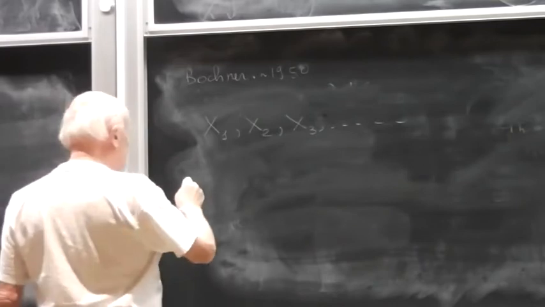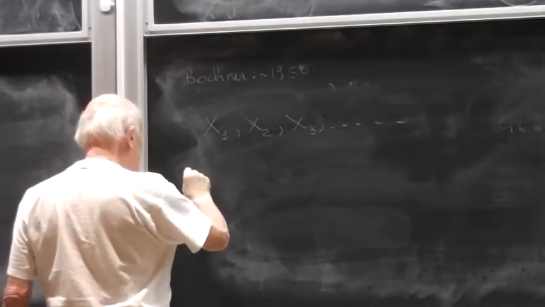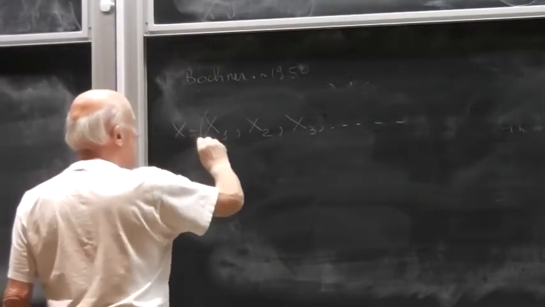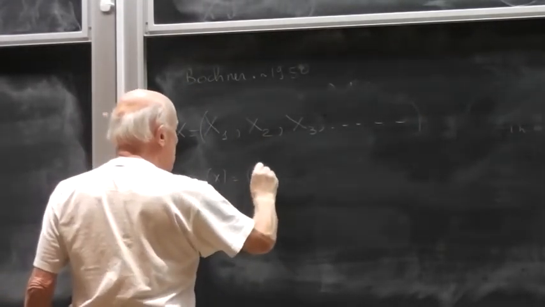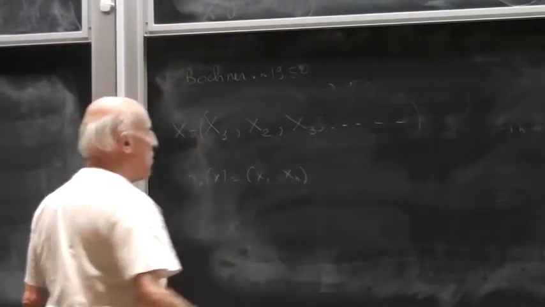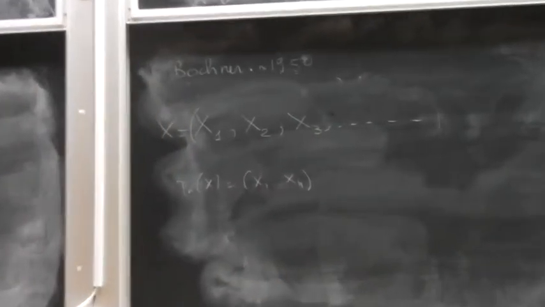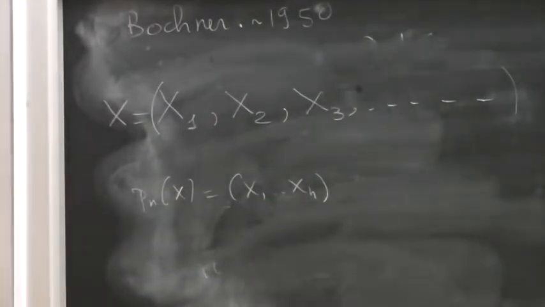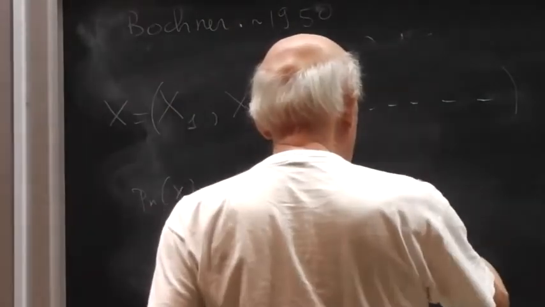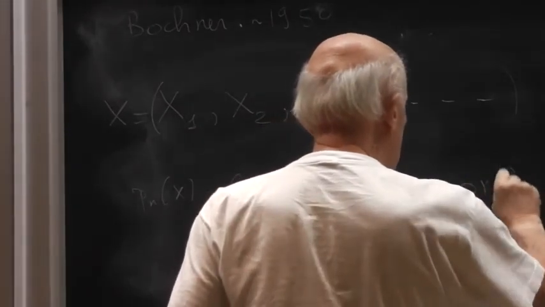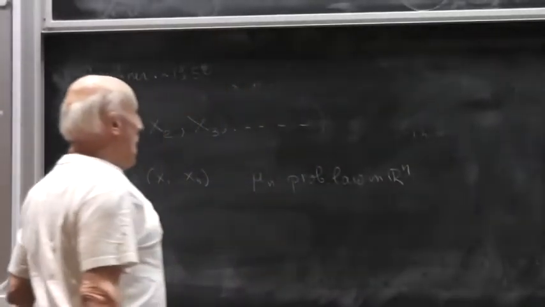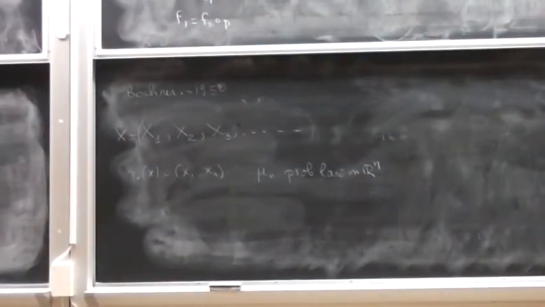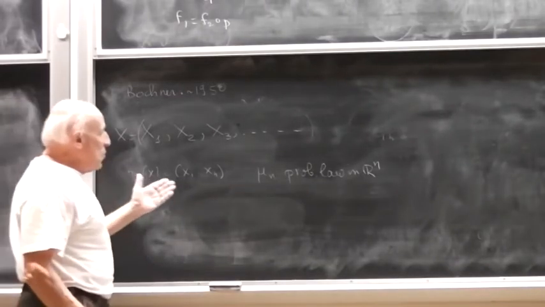Now, consider the projection Pn on this infinite sequence. Pn is a truncation keeping only x1 to xn. So it's a random vector in n-dimensional space. A random vector in n-dimensional space has a probability law mu n in Rn. And by the very definition I gave above, the system mu n should be consistent.